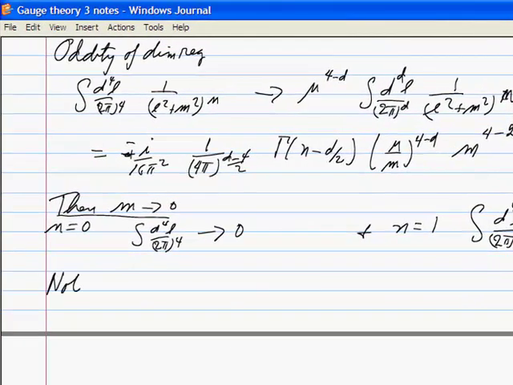The converse, if I take n is equal to 3, then the integral, well, it's actually, yes, 3 is the one I want, d4L over 2 pi to the 4th, 1 over L squared cubed goes to infinity. That guy is physical.